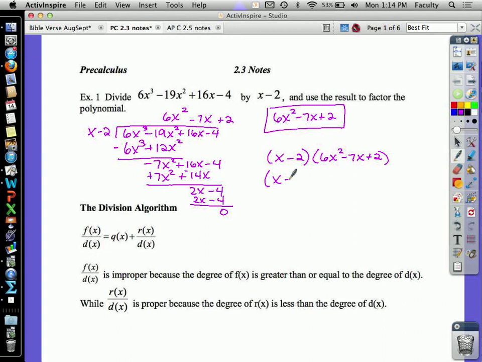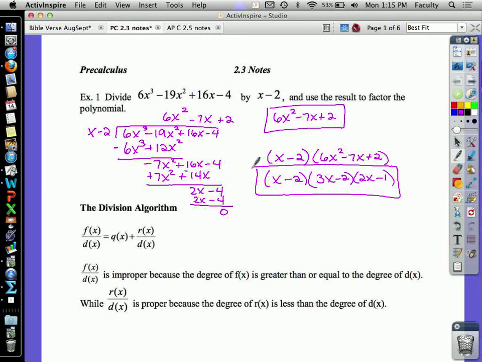So hopefully we can do that with trial and error. I got 3x minus 2, 2x minus 1. Don't lose the original factor of x minus 2. Because if you just wrote down 3x minus 2 times 2x minus 1, okay, if I cover that up, that doesn't multiply out to a 6x cubed, okay?